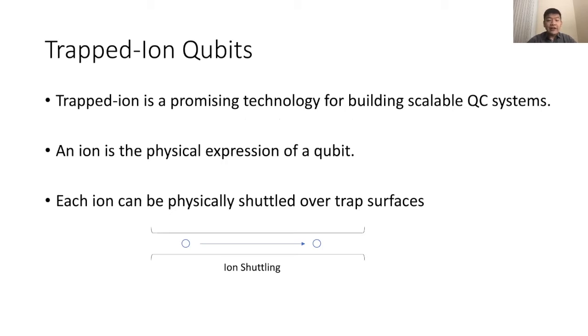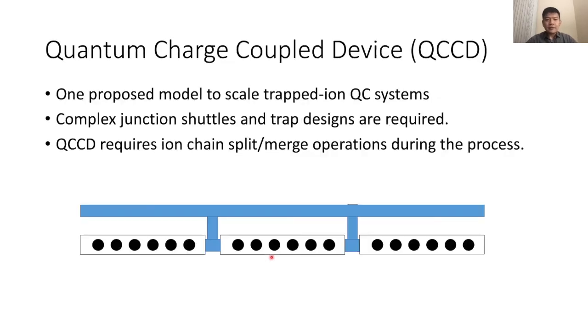In a trapped ion system, an ion is the physical expression of a qubit, and each ion can be physically shuttled over the trap surfaces. In current trapped ion devices, QCCD is a proposed model to scale trapped ion quantum computing systems. This device requires complex junction shuttles and trap design as they scale up.